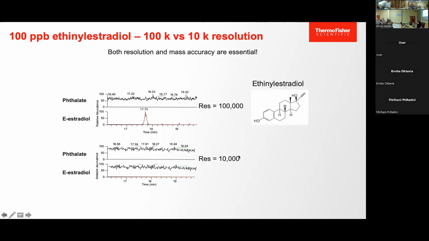Okay, so this is actually a very clear example. If you have a resolution of 10,000 in a specific matrix, you are not able to detect anything. But when you increase it, something will come up.